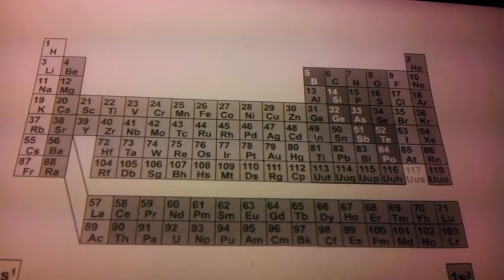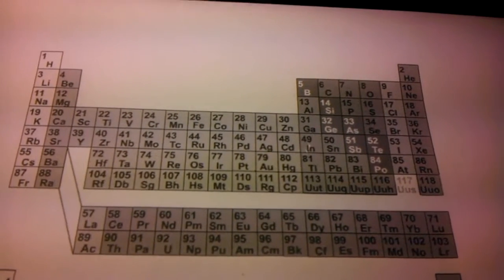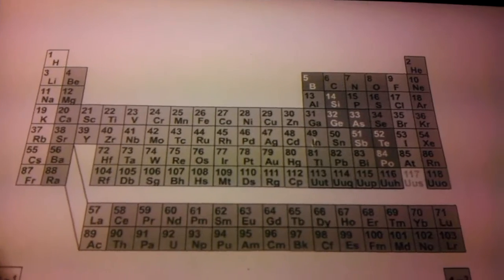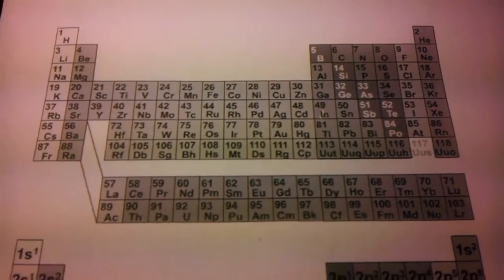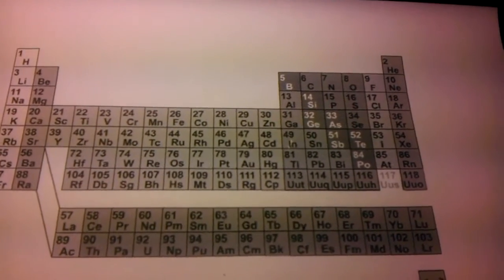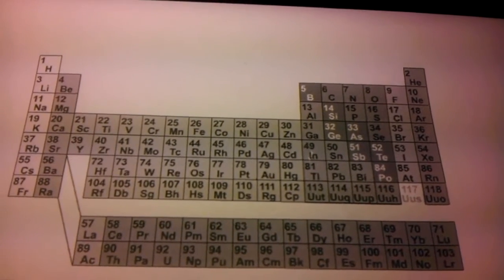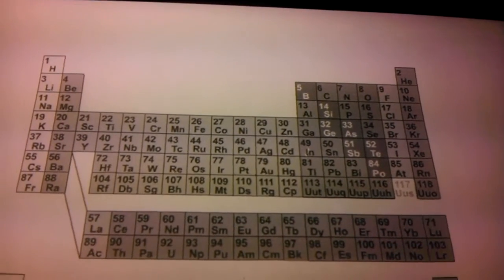Okay, so we are going to learn the easiest way to write electron configurations. We're going to start off by making the simplest things to remember.